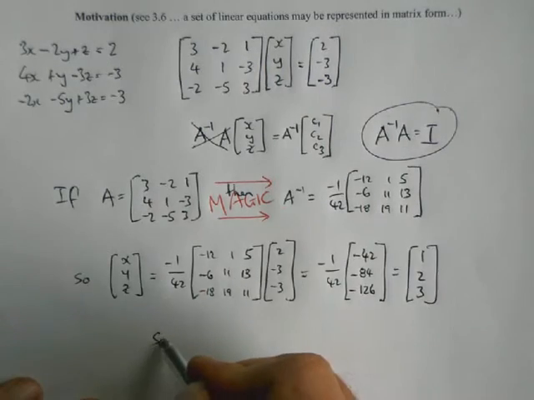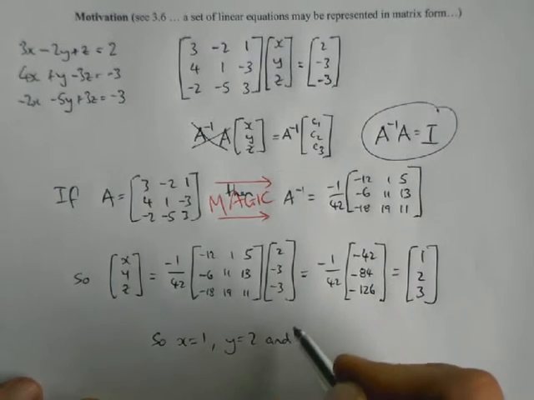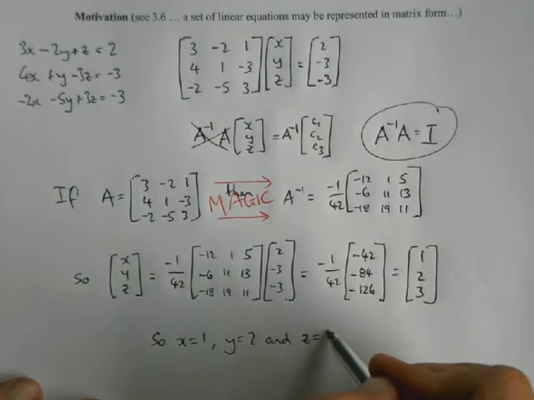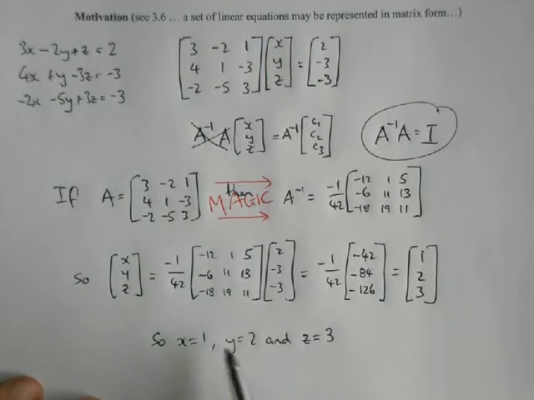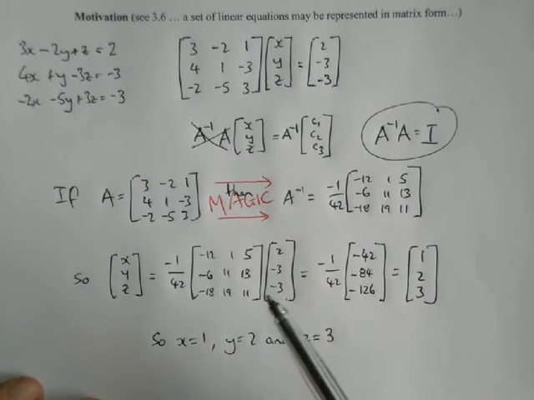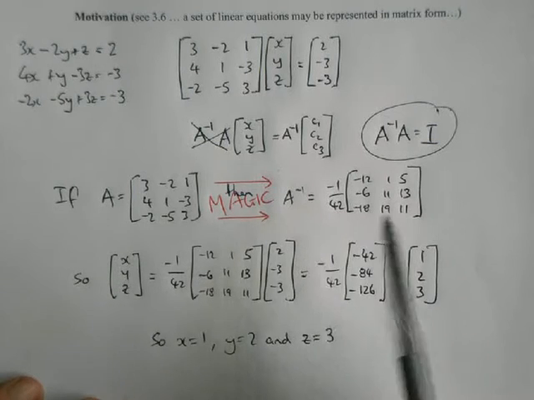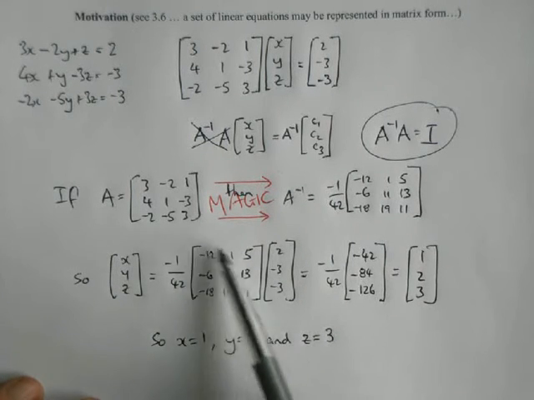And if we do the scalar multiplication, the 42's into that gives us 1, 2, 3. So x equals 1, y equals 2, and z equals 3. Okay, and those will be the solutions to the set of simultaneous equations that I started with.